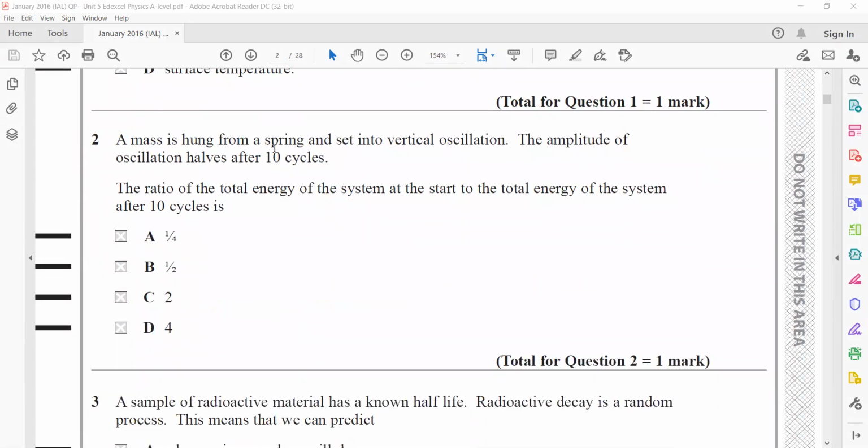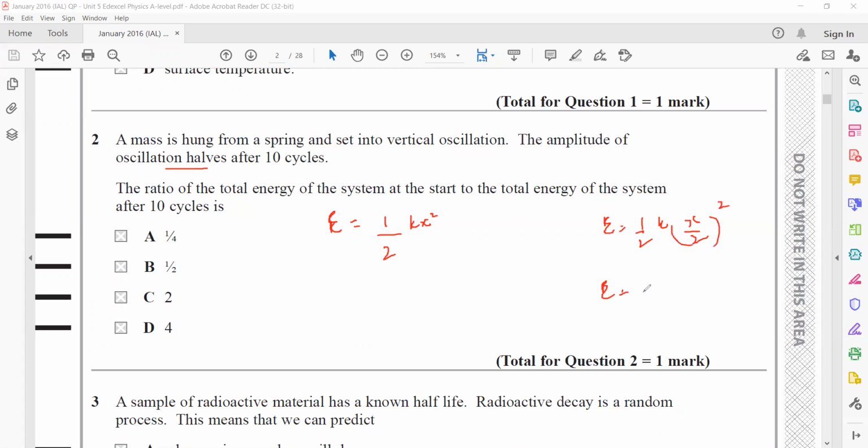In question 2, a mass is hung from a spring and set into vertical oscillation. The amplitude of oscillation is halved after 10 cycles. We need the ratio of the total energy of the system at the start and the total energy after 10 cycles. We know the energy for a system vibrating is given by half kx squared. So the original energy is E, but after 10 oscillations, because the amplitude is half, E is equal to half k, so it will become x by 2 whole squared.